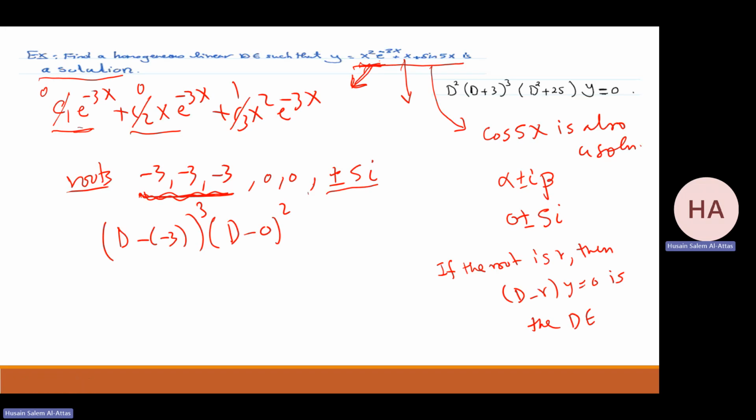This is my question. If I have the root r, then what will be the differential equation? D minus r times y equals 0, which is y prime minus r y equals 0.